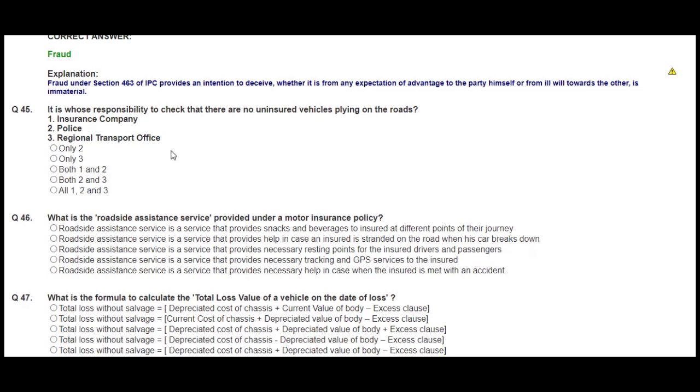It is their responsibility to check that there are no uninsured vehicles plying on roads. The insurance company is not responsible for vehicles plying on the roads. It is the responsibility of the police or the transport department.